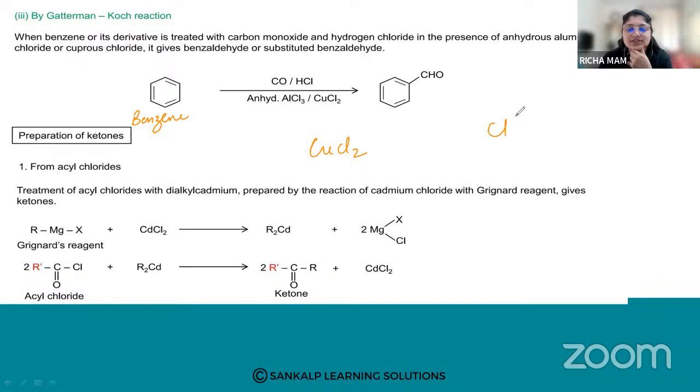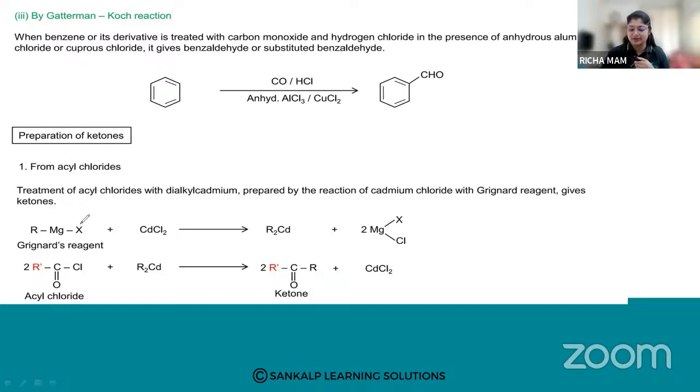Chlorine is -1. There are two, right? So this becomes -2, so copper is +2. So the oxidation state of copper is +2, and that is cupric chloride. Whenever you have cuprous, then it is +1.